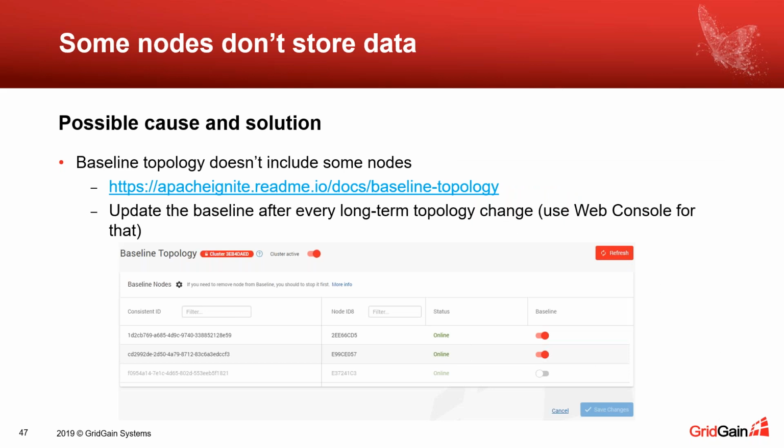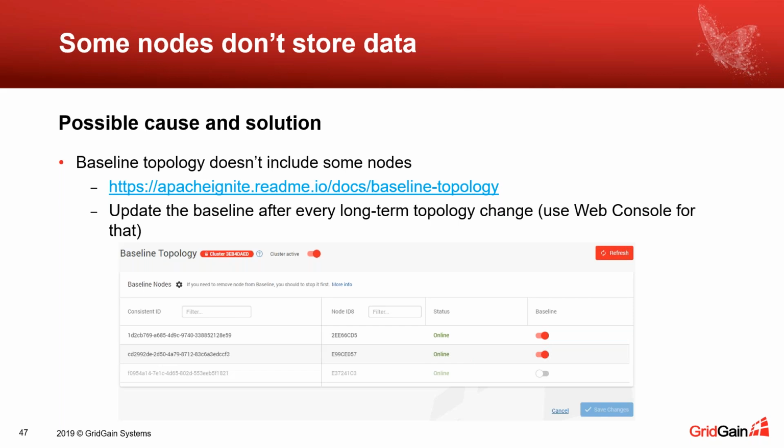What it means is that basically the baseline topology is a set of the nodes that are allowed to store the data, and this is only applicable now for clusters with Ignite native persistence.